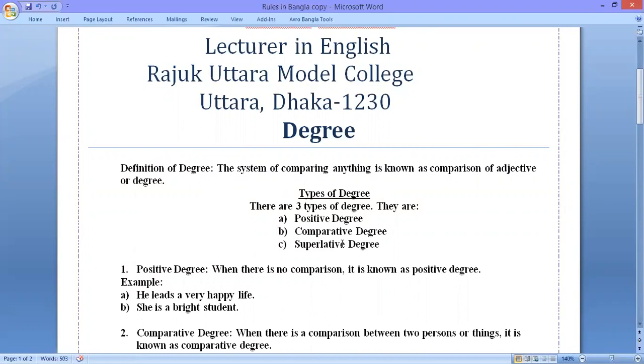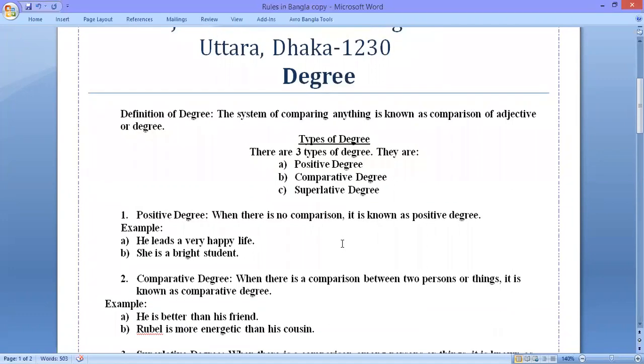I have given here two examples. A. He leads a very happy life. B. She is a bright student. If we look at the two sentences, we can see that there is no comparison here. So they are positive degree.